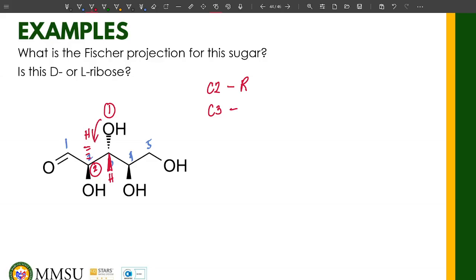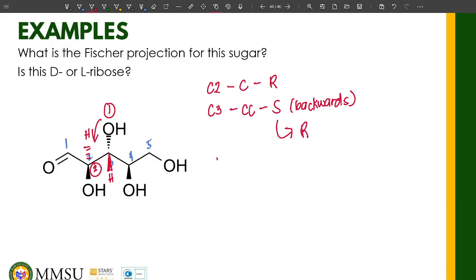So the direction is counterclockwise. Counterclockwise, so that would be S. But it is backwards, so your S is reverted into an R configuration.